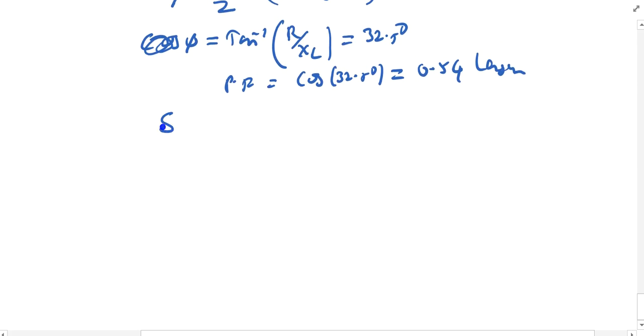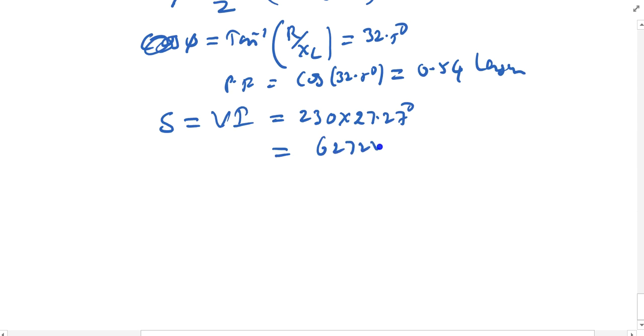Then S is equal to VI, simply 230 into 27.27. If you do this, you get 6272 volt ampere. And P is nothing but VI cos phi. You do this, you are going to get 5.268 kilowatt.